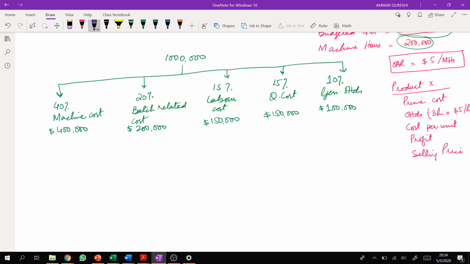So machine related costs can be distributed on the basis of, let's say, machine hours, right? Batch related costs can be distributed on the basis of number of batches. Labor related costs can be distributed on the basis of labor hours.